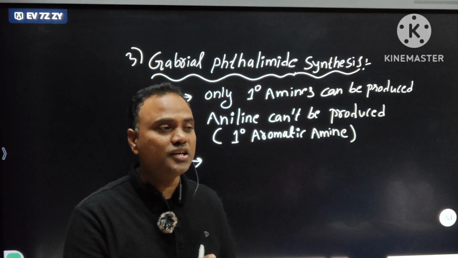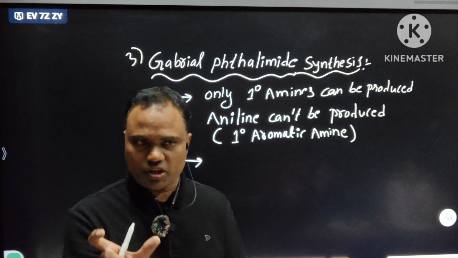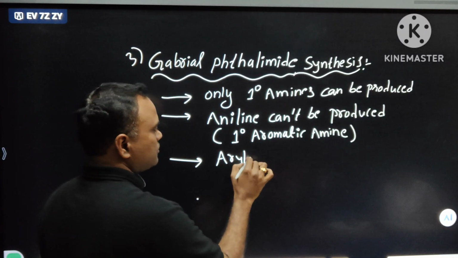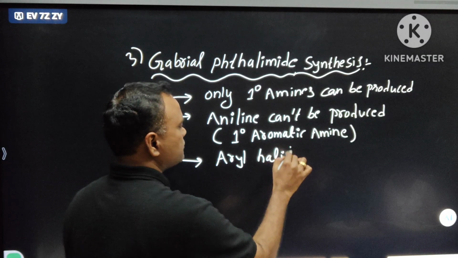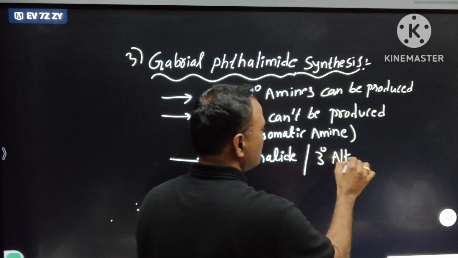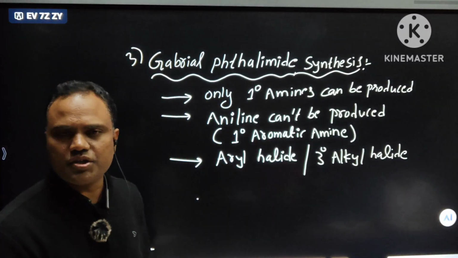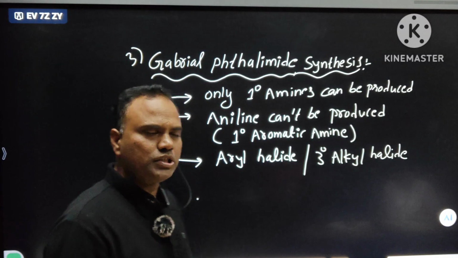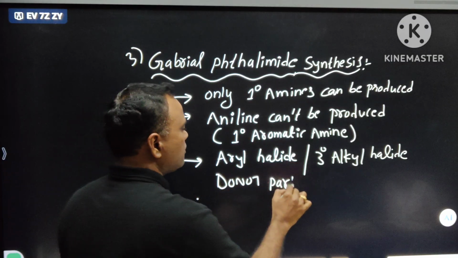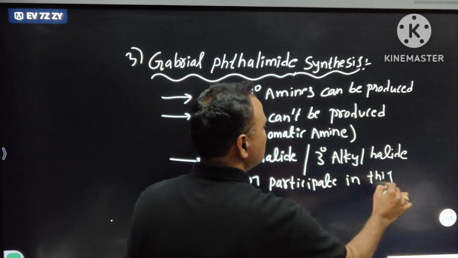Very important point: aryl halides and tertiary alkyl halides do not participate in Gabriel phthalimide synthesis. We will see the reason also. Mention that point first.